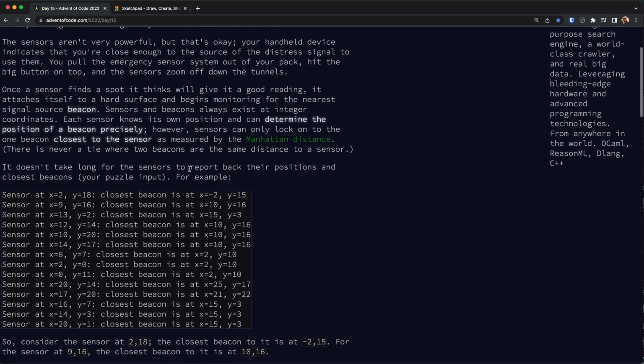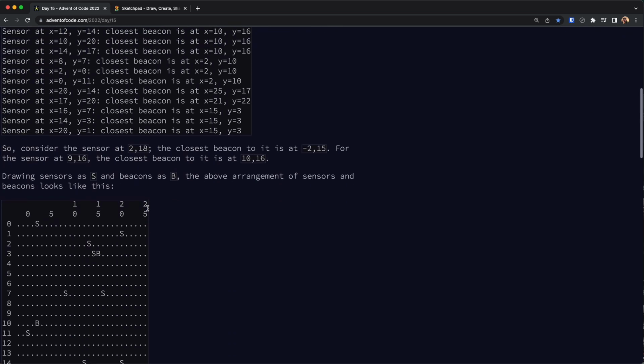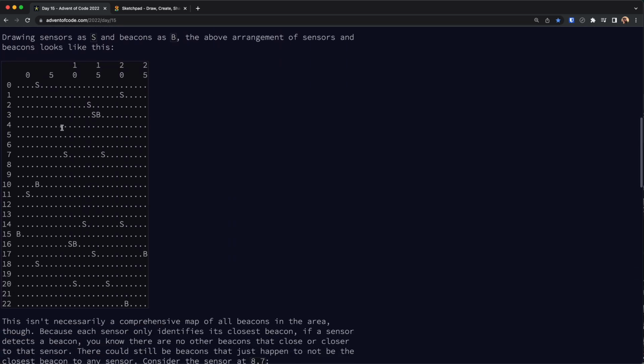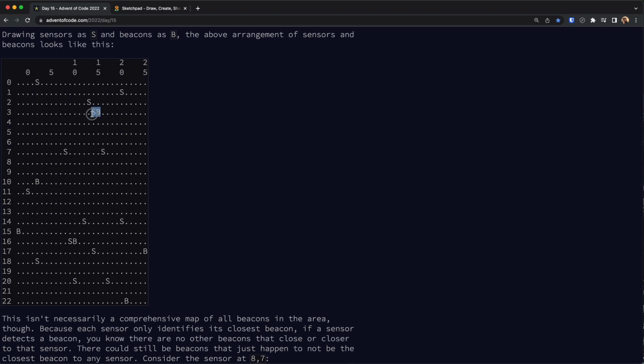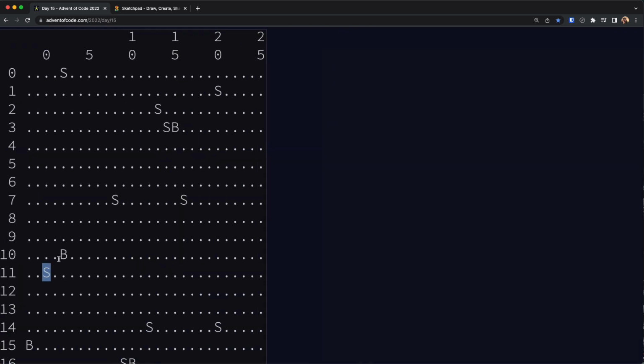So in this puzzle, there are a bunch of sensors and a number of beacons that are close to those sensors. For every sensor there is a beacon that is closest to it, like this, or for example here for this sensor we have this beacon that is closest to it.